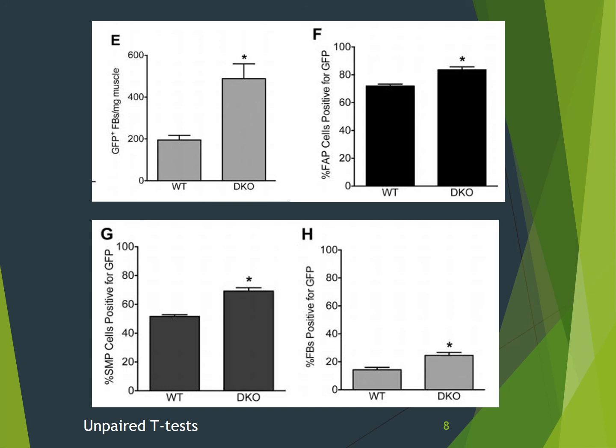Panel G is looking at the percentage of SMP cells which are positive for GFP in the entire organism, in the wild type and the DKO mice, and there's a statistically relevant increase in the DKO mice compared to the wild type mice. And finally, panel H is looking at the percentage of fibroblast cells positive for GFP in the entire organism. In this case, it's comparing wild type to DKO, and there is a statistical increase in the DKO mice compared to the wild type mice.